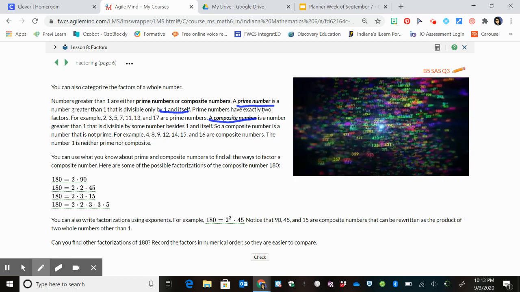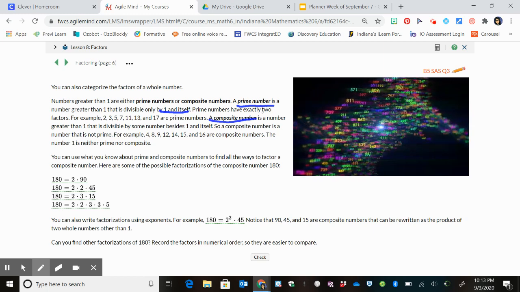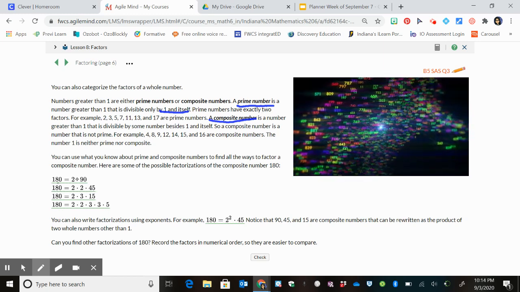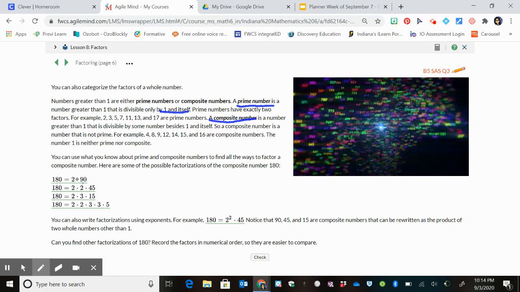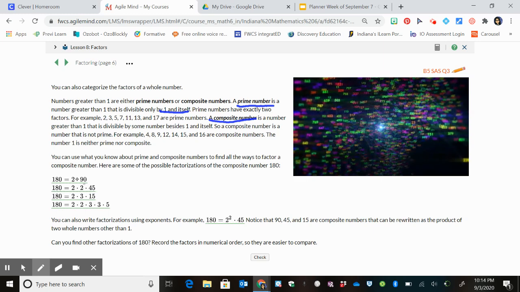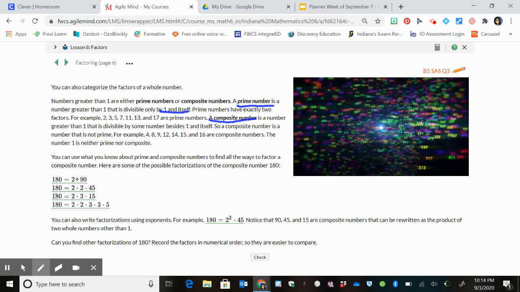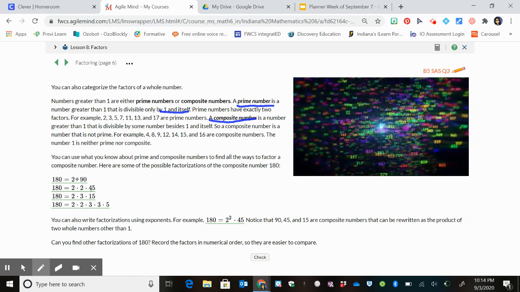Here are some examples of possible factorizations of the composite number 180. They have 180 is equal to 2 times 90. Now notice that 90 is still a composite number. It can be broken down into smaller numbers. Another option is 180 is equal to 2 times 45.